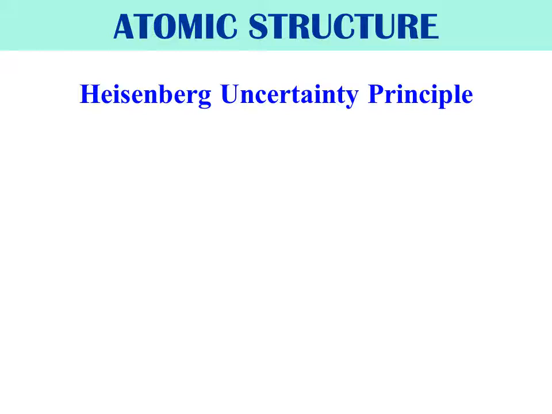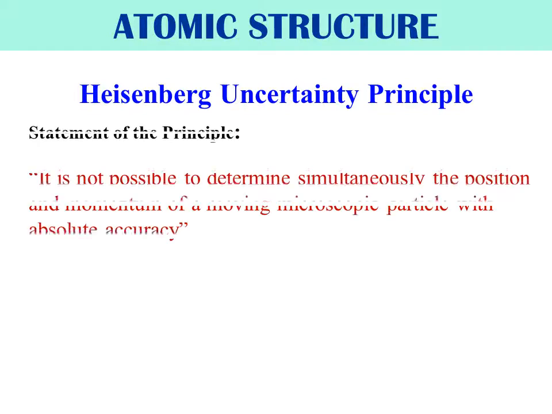These questions were first answered by Heisenberg. The Heisenberg uncertainty principle states, and we need to know the statement first: it is not possible to determine simultaneously the position and momentum of a moving microscopic particle with absolute accuracy.